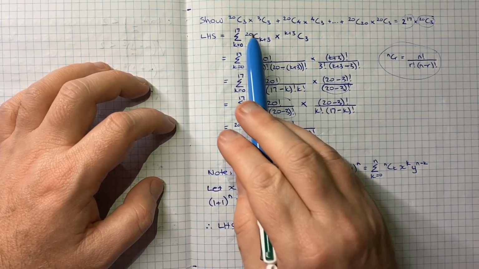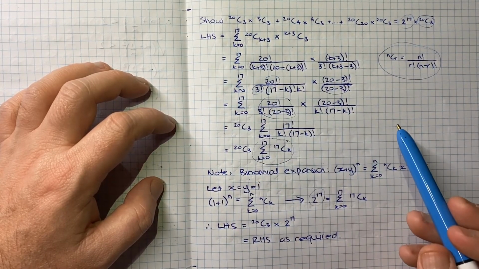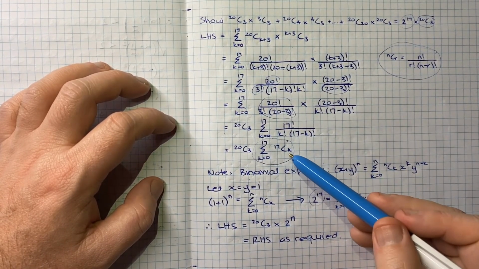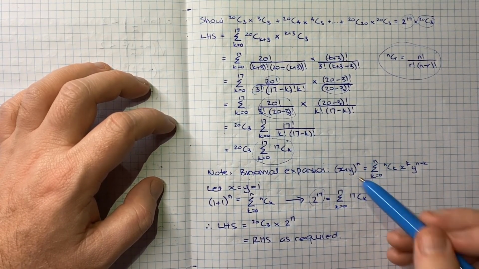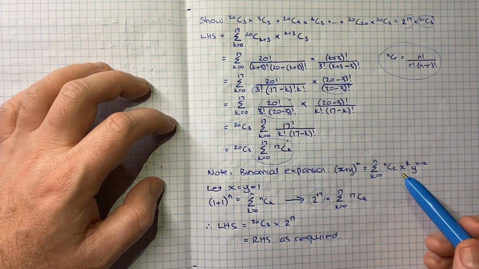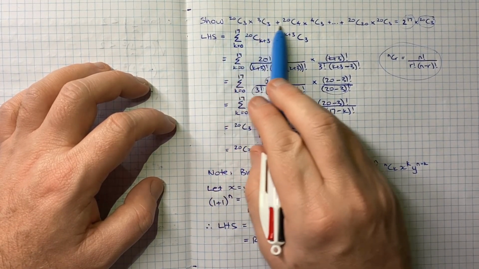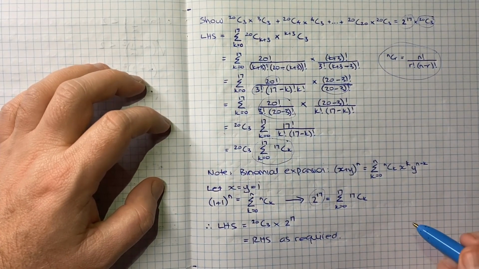First link being, take this summation and put it in sigma notation, because that's going to help us make that direct link to how the binomial expansion is set up. I suppose it might not be as obvious that the binomial expansion will help us if we've just got it in this format here. So yeah, there you have it for that question.